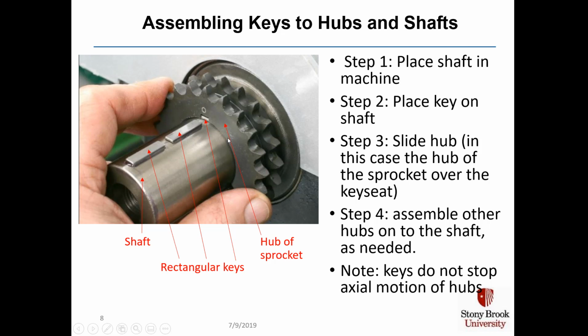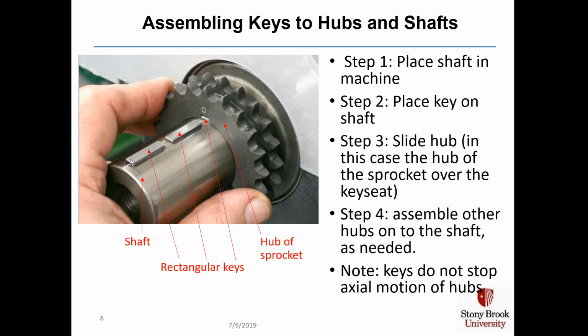So there's a sprocket, and then this middle section here is the hub of the sprocket. Place it over the shaft. And step 4, if there's other hubs that have to be placed on the shaft, you would put them over. It looks like in this example we've already got 2 sprockets and 2 hubs on the shaft. It looks like we've got room for 1, 2, I'd say 4 more.